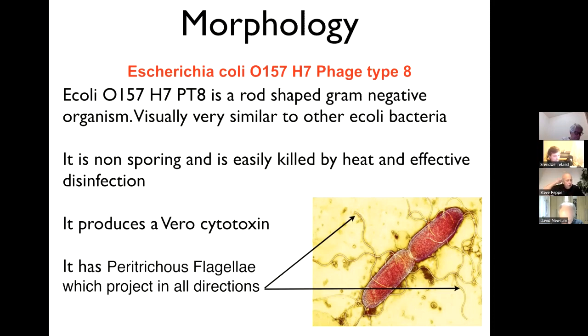It also produces a verocytotoxin, which is one that affects the kidneys. It has peritrichous flagellae, which project in all dimensions. So it's not like a flagellum just on one side of the organism. These are all around the bacteria.